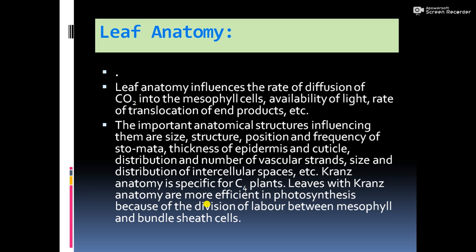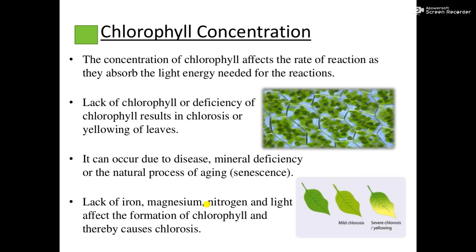Leaves with Kranz anatomy are more efficient in photosynthesis because of the division of labor between mesophyll and bundle sheath cells.